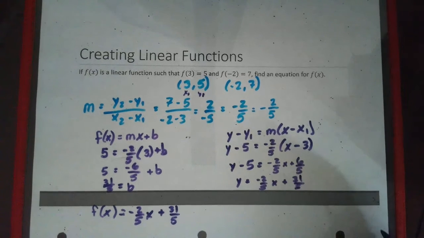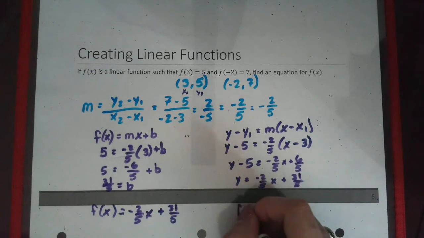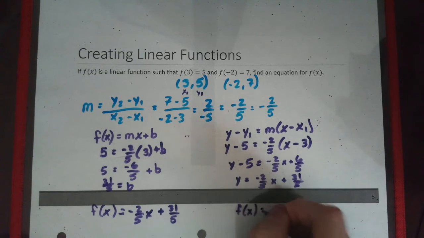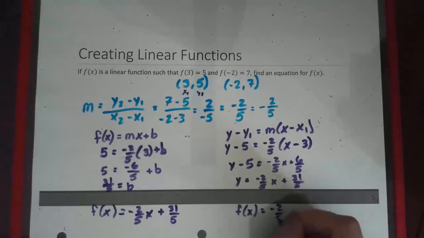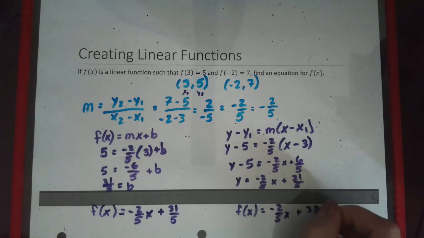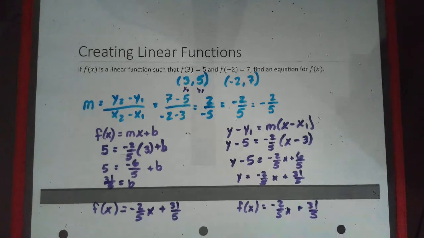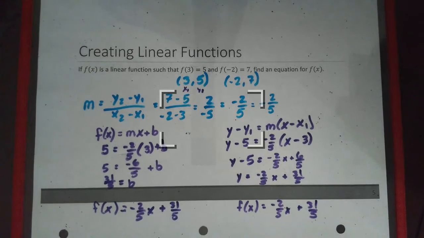Again, since this is a function, let's write it in function notation, and we get f of x is equal to negative 2/5 x plus 31/5. We get the same answer either way, so feel free to use whichever form is more comfortable to you.